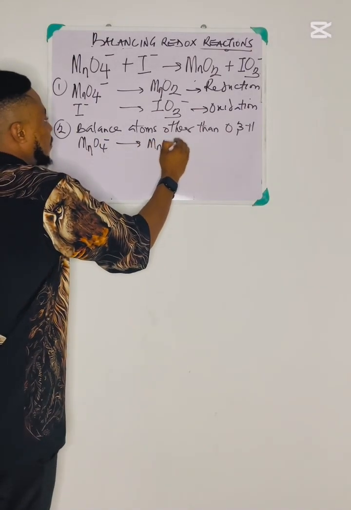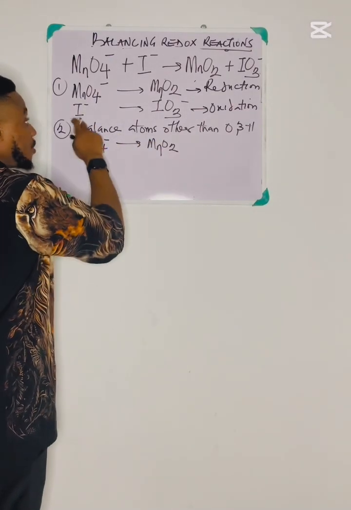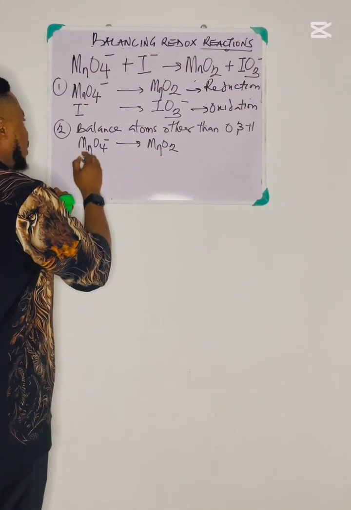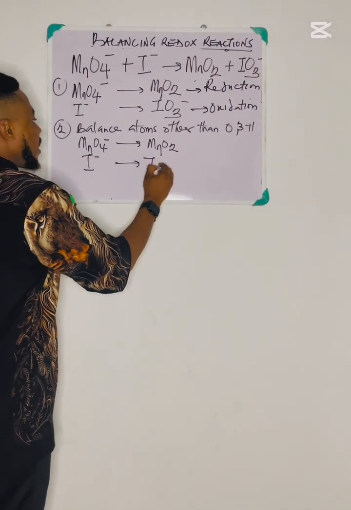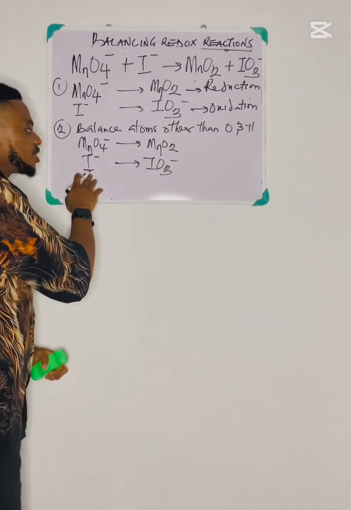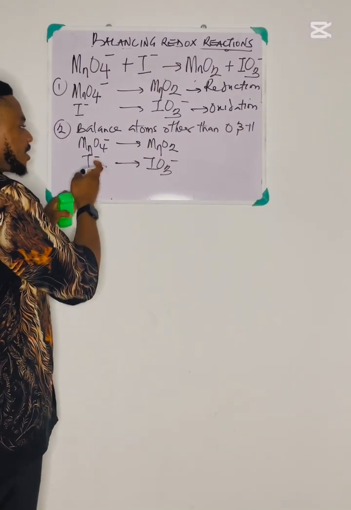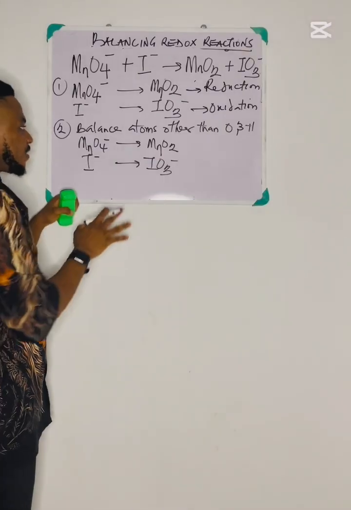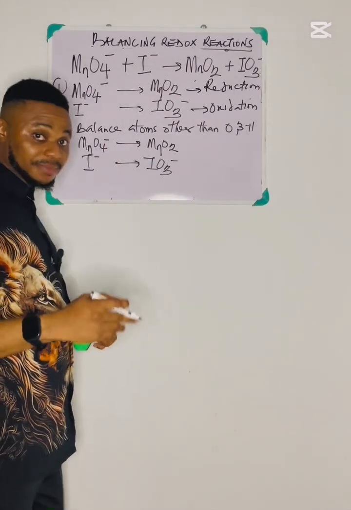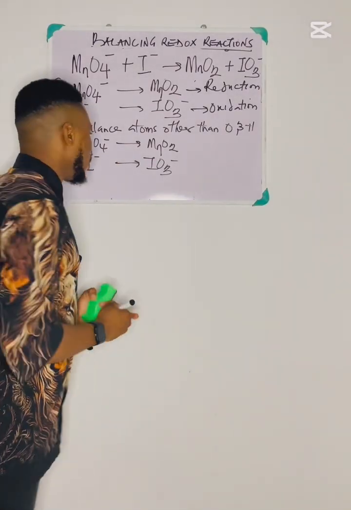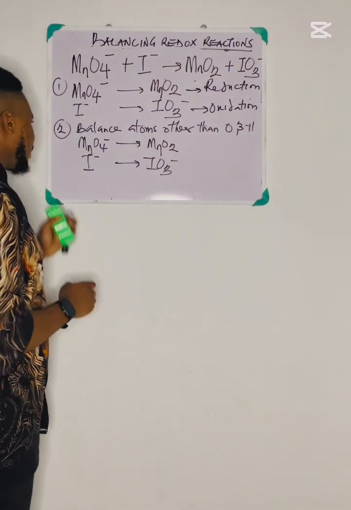Iodine is also balanced, one here, one here. So I minus, then IO3. Please ignore the charges that are not balanced. Iodine is minus one here. Regardless of the fact that it has not been balanced, there is a step that we'll get to where we'll balance the charges. So this is the second step.